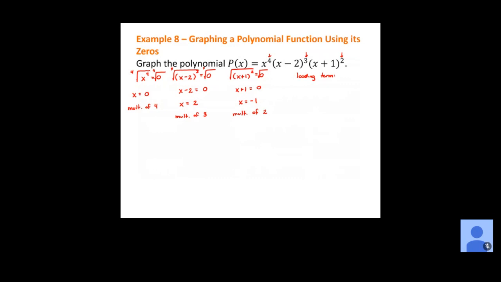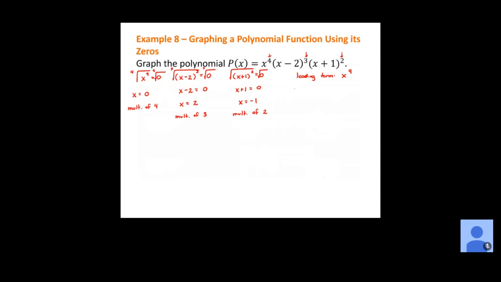So if I add all those exponents up, my leading term is x to the 9th power. That's from adding the 4, the 3, and the 2. The x minus 2 cubed gives us an x cubed, the x plus 1 squared gives us an x squared. x to the 4th times x cubed times x squared, add the exponents, we get x to the 9th.